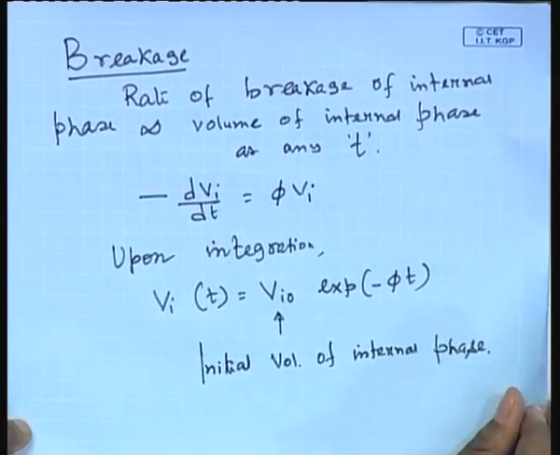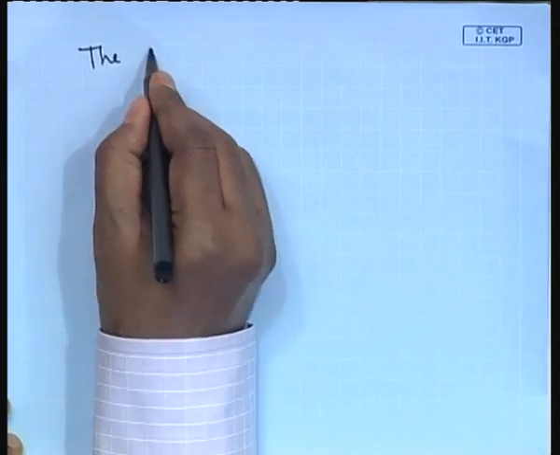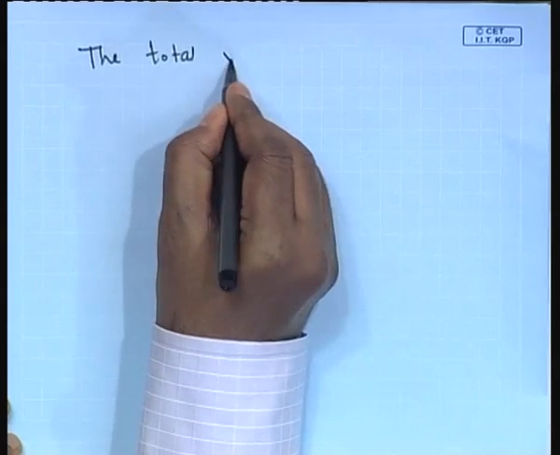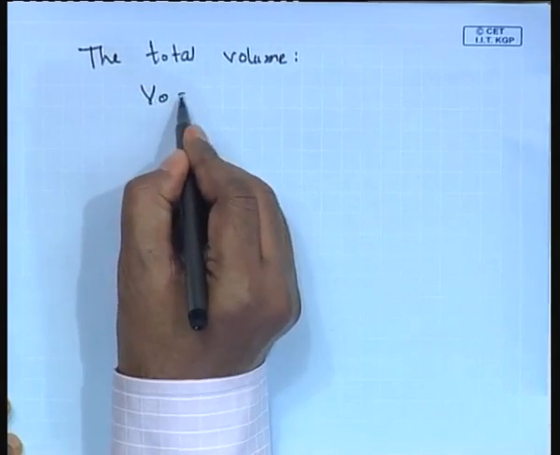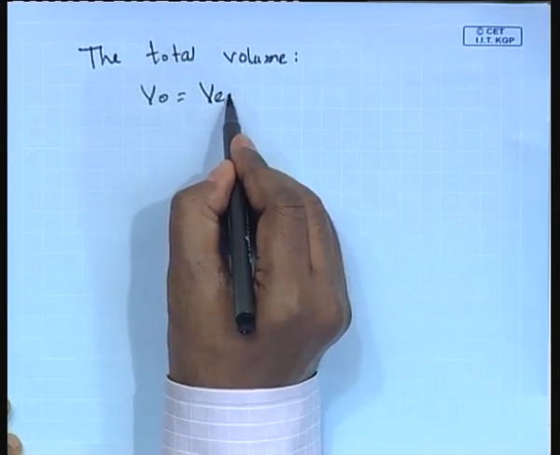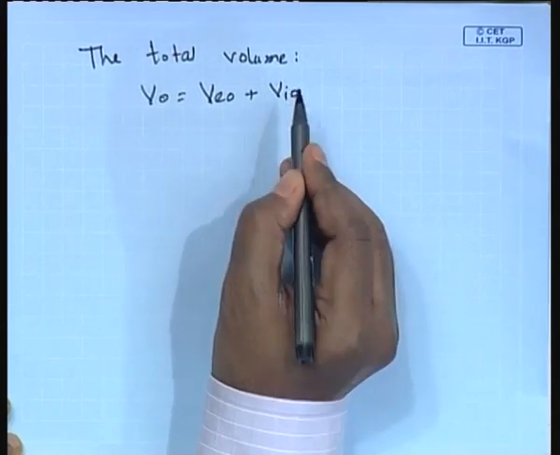Now, the total volume of the system can be written as V0 equal to V_E0 plus V_I0, that is initially.